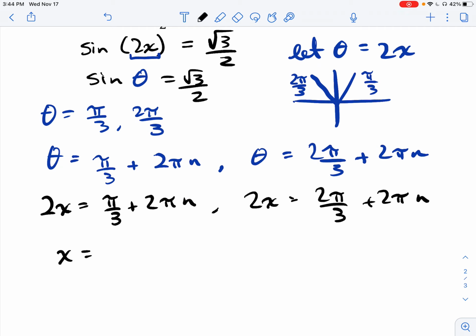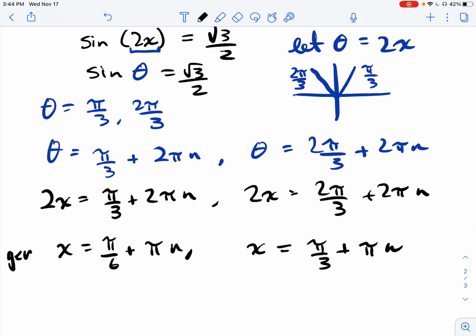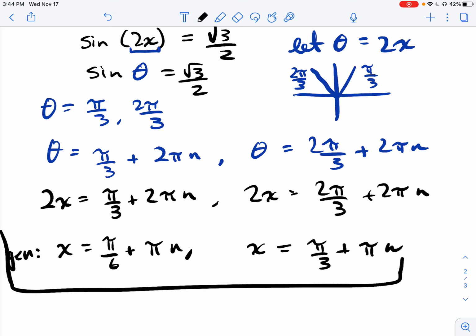So pi over 3 divided by 2 is pi over 6. 2 pi n divided by 2 is pi n. And on this side, x is equal to 2 pi over 3 divided by 2, which is just pi over 3, plus pi n.